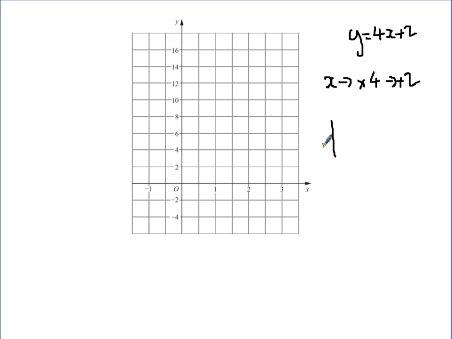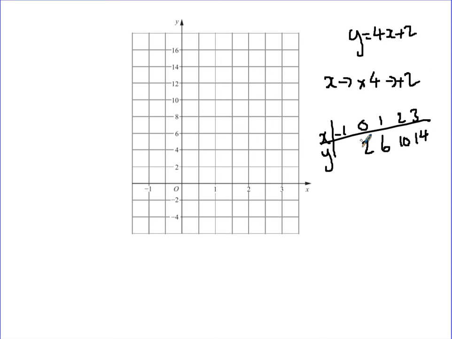So if we draw a little table of values, it goes from -1 all the way up to 3. Start with 0. 0 times 4 is 0, add 2, 2. 1 times 4 is 4, add 2, 6. 2 times 4 is 8, add 2, 10. 3 times 4 is 12, add 2, 14.